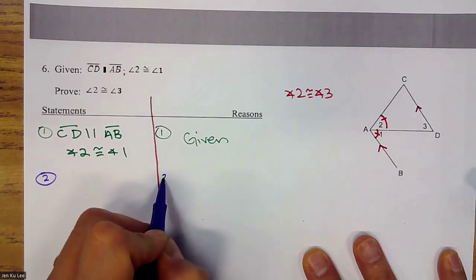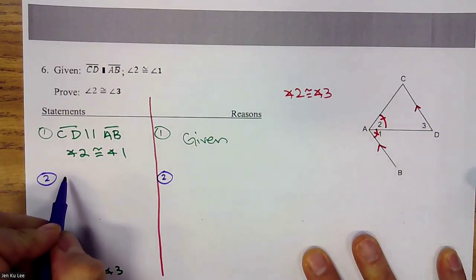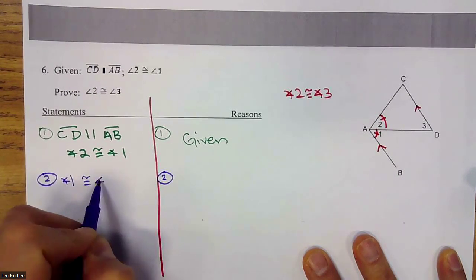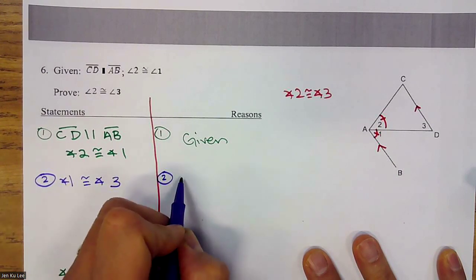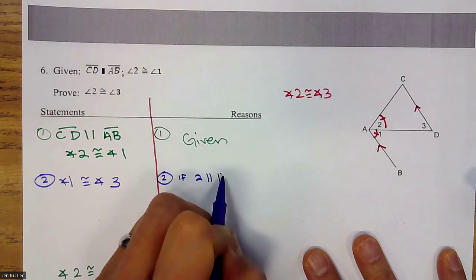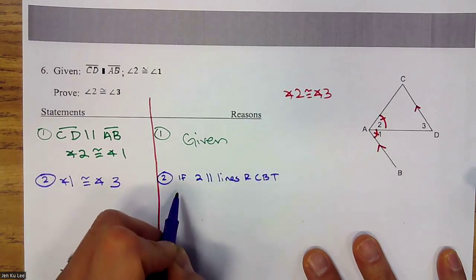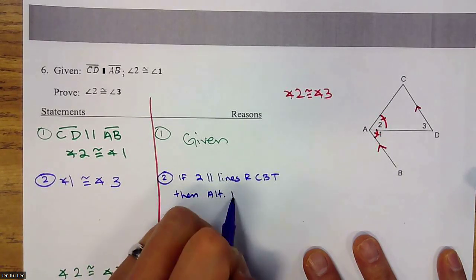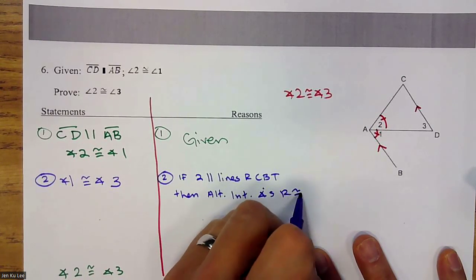So the second step here, right, is I know that angle 1 is congruent to angle 3. Why? Because if two parallel lines are cut by a transversal, then alternate interior angles are congruent.